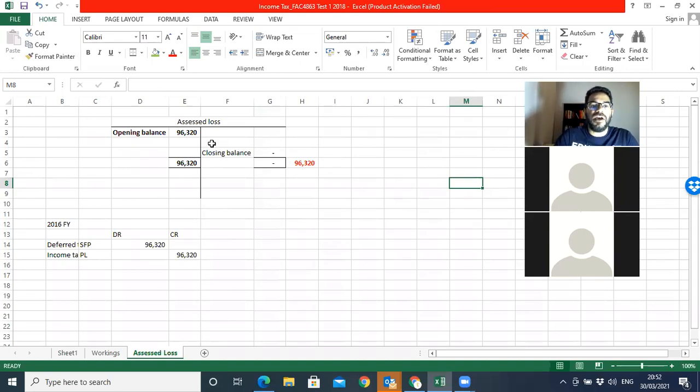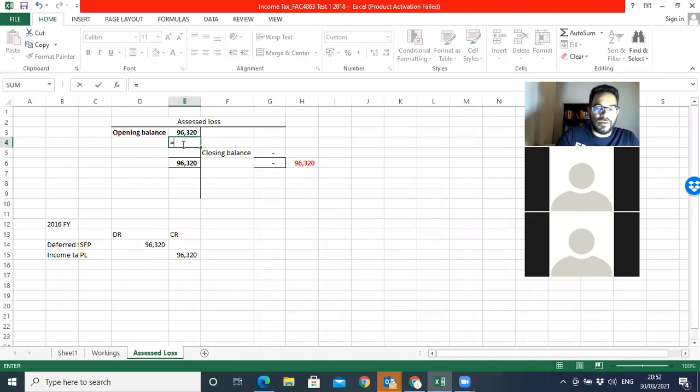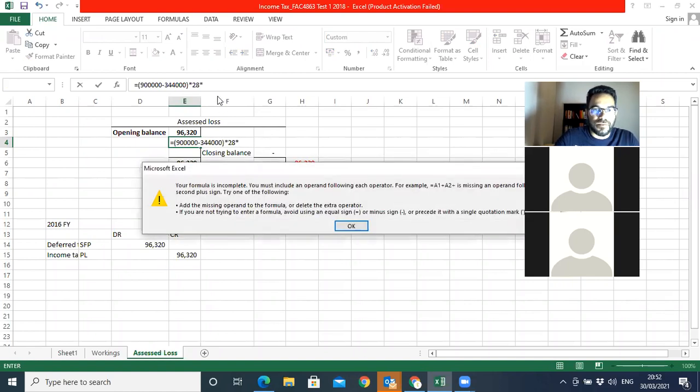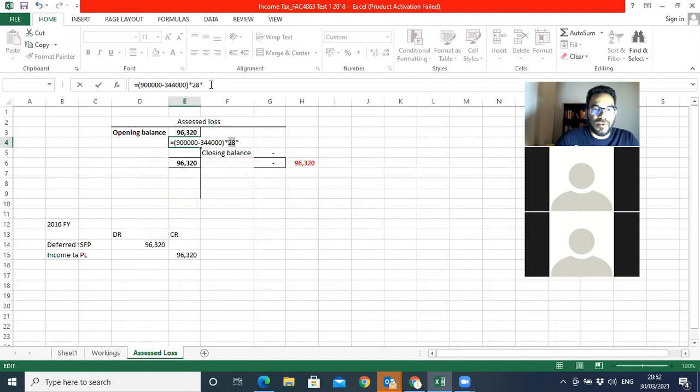So this year, we can recognize the difference. So I'm going to say equal 900,000 minus what we recognized last year, 344,000, times 28%. So that is what I can recognize this year.